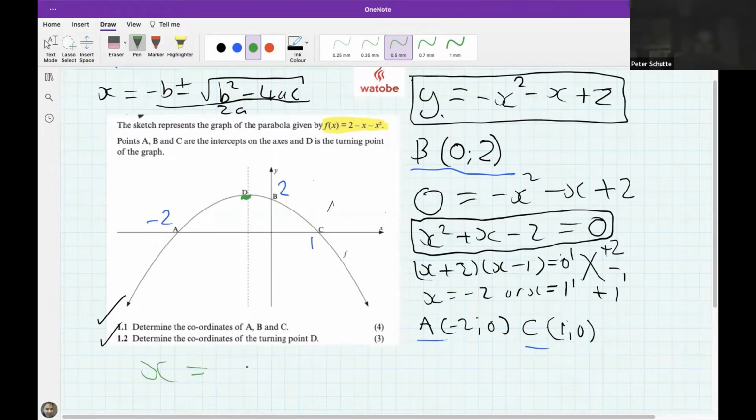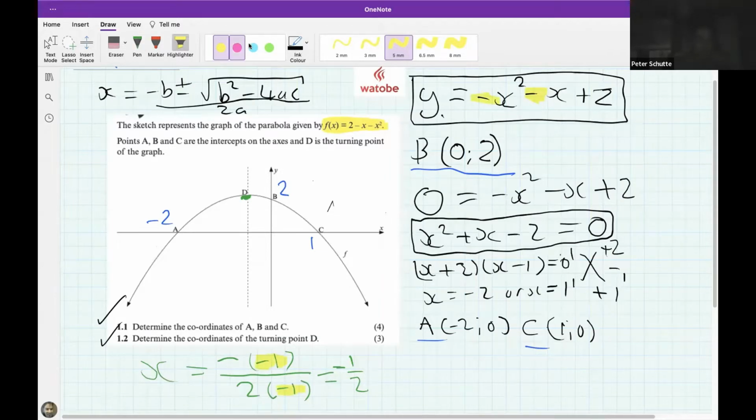So if it's in standard form, it's going to be -1 over 2 times -1, which is -1/2. So take a moment to see how I used it: there's a -1 here, and A is also -1. And so I had to use these in my formula to get -1/2.